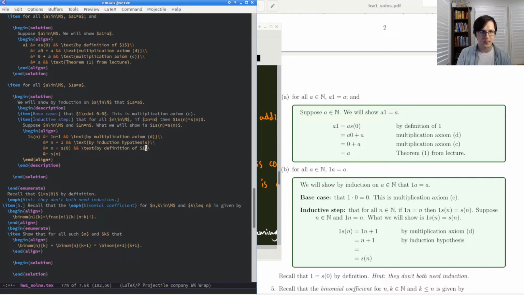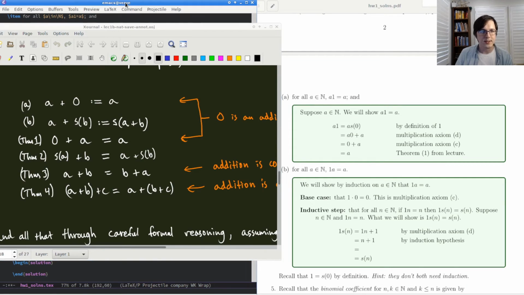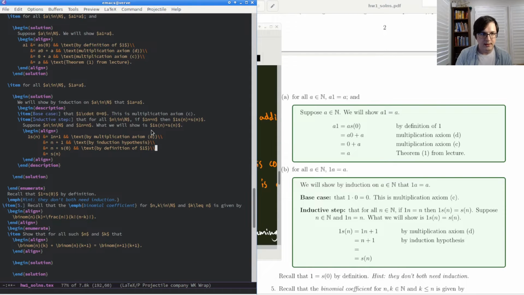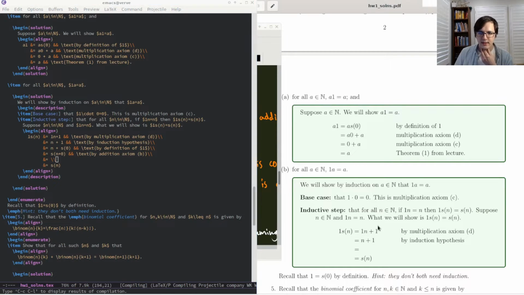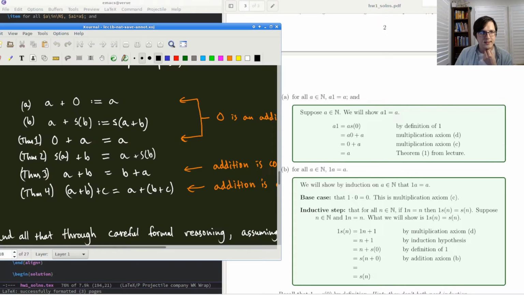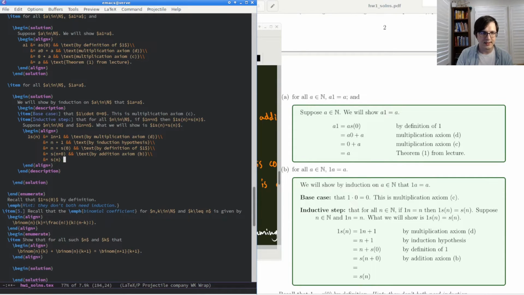So by definition of 1, n plus S0 can be written by pulling the S out according to addition axiom B. And then S of n plus 0, so n plus 0 is n by axiom A. So we don't need another step because we already have the last thing. So by addition axiom A.